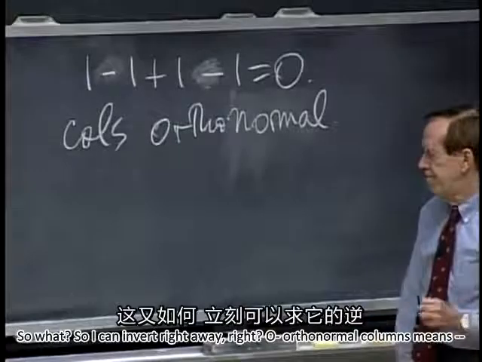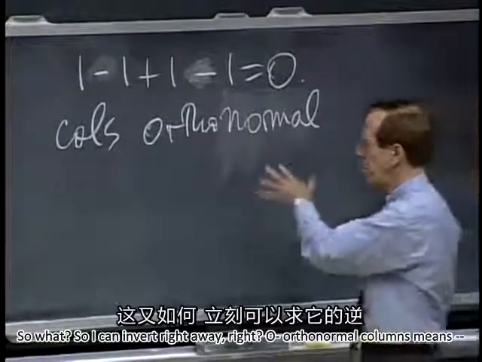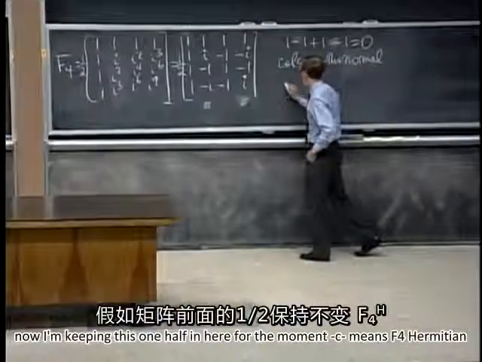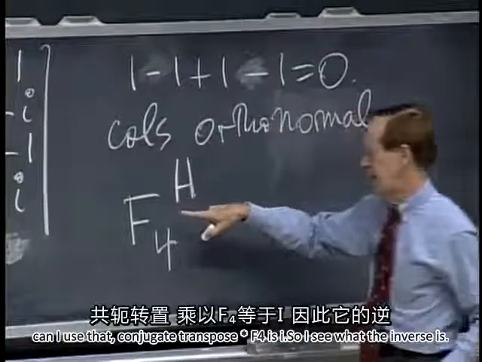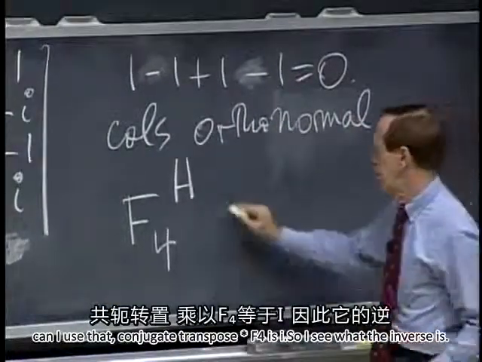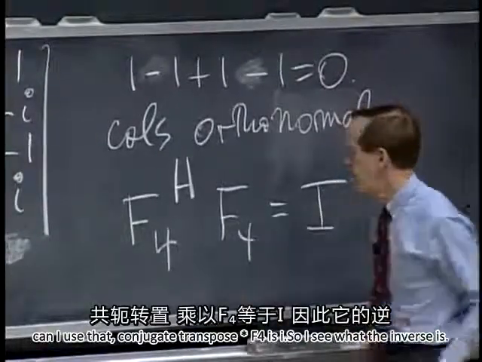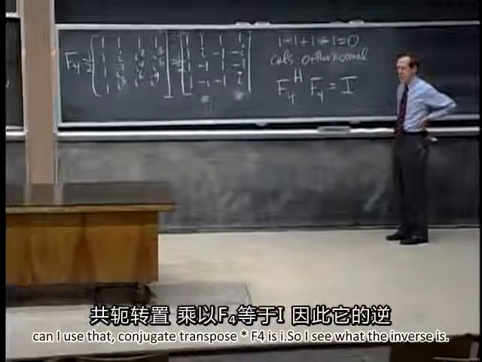So what? So I can invert right away, right? Orthonormal columns means, now I'm keeping this 1/2 in here for the moment, means F4 Hermitian, the conjugate transpose, times F4 is I. So I see what the inverse is.